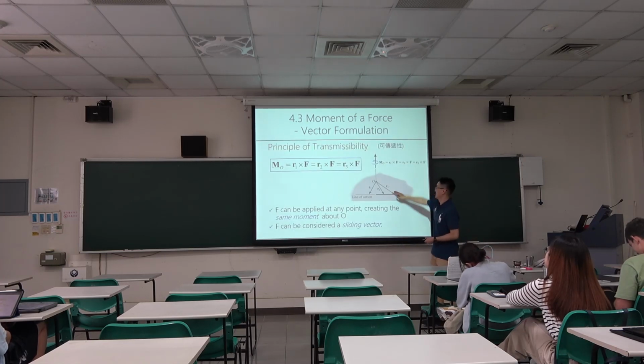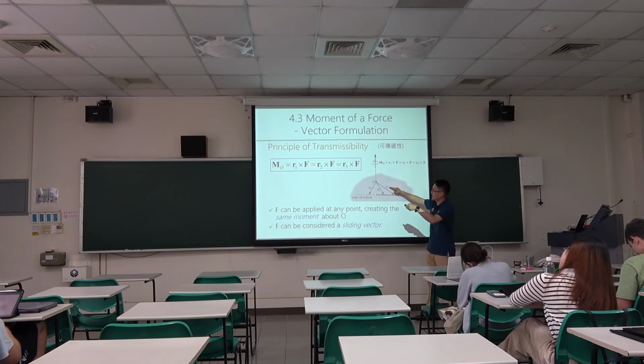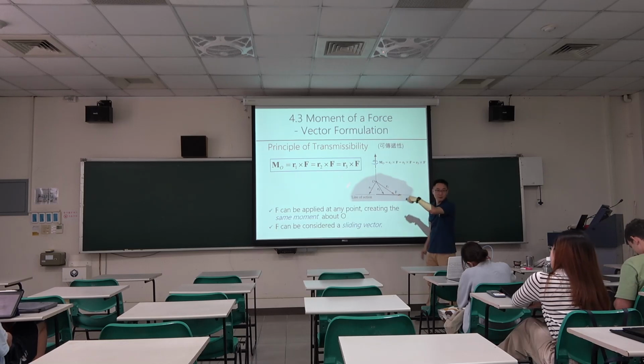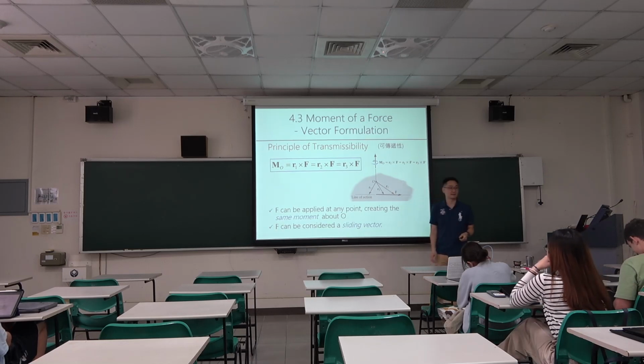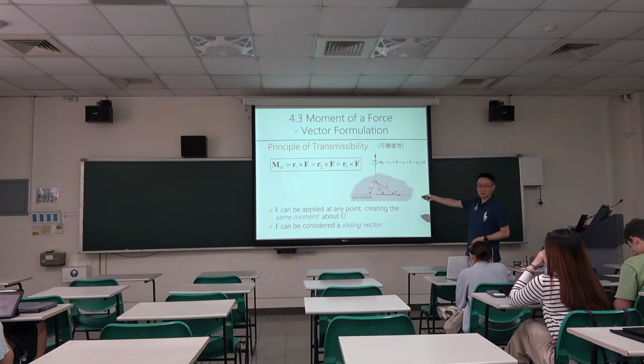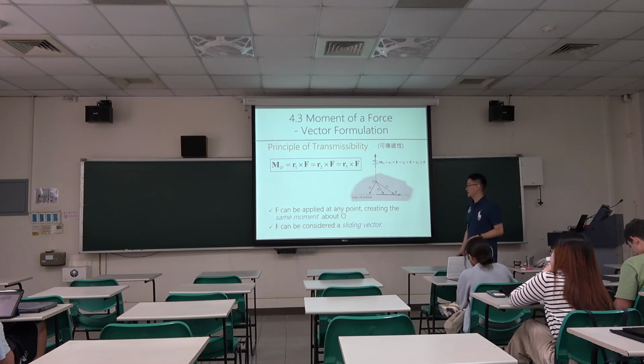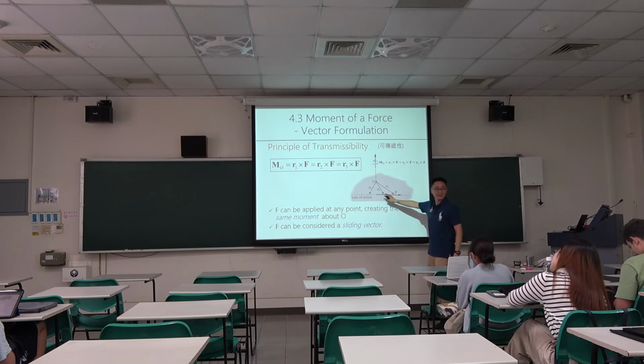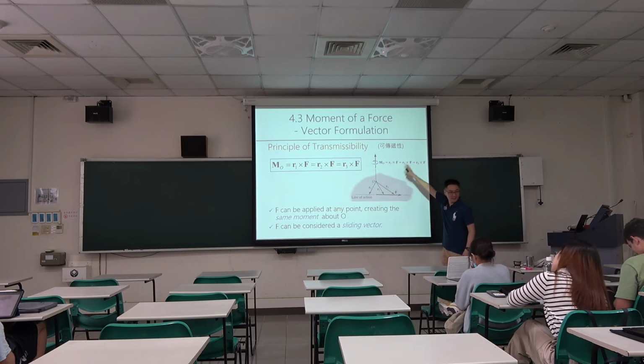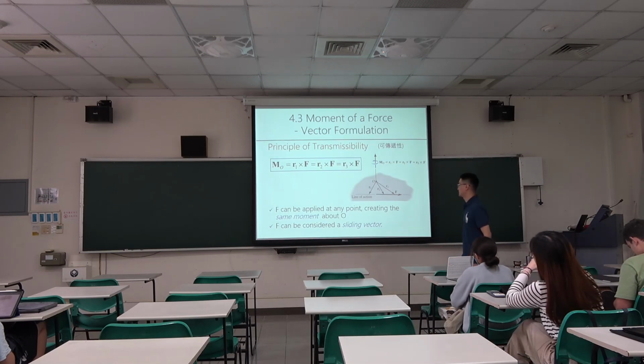So when we apply cross product, position vector cross force vector, finally we will get the same answer. Doesn't matter which one we go to, we will get the same answer. Clear? So we will use that concept to solve later questions.